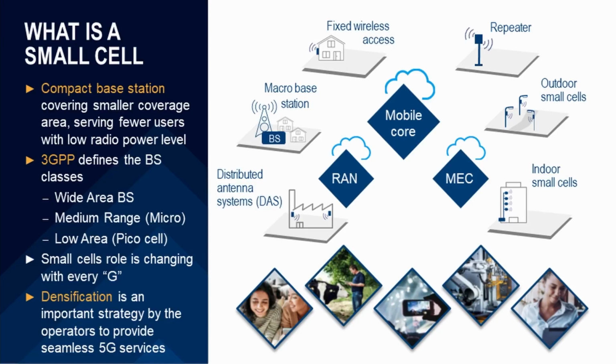And now in the 5G era, network operators use densification as an important strategy to provide seamless 5G services, not limited to coverage and capacity, but also to provide performance. Especially with the millimeter wave rollouts around the corner, the small cells are a better choice compared to macro cells given the propagation characteristics of a millimeter wave.